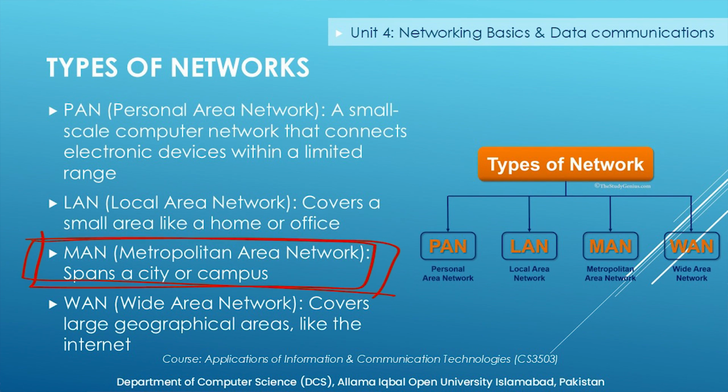The next type of network is the metropolitan area network, in which the area is extended from the range of the LAN, and it covers normally the area within a metropolitan or within a city. So connectivity in between buildings that are within the same metropolitan area.